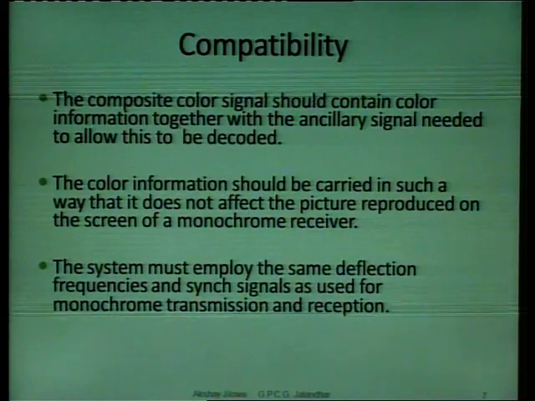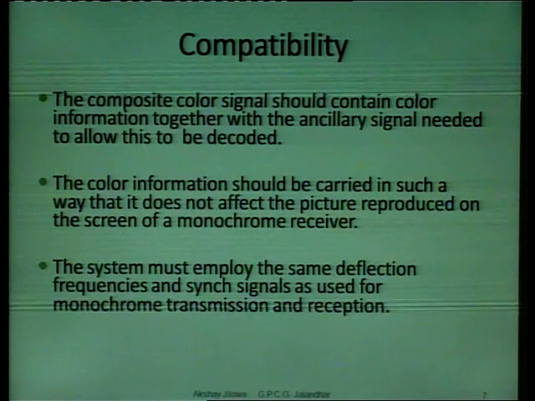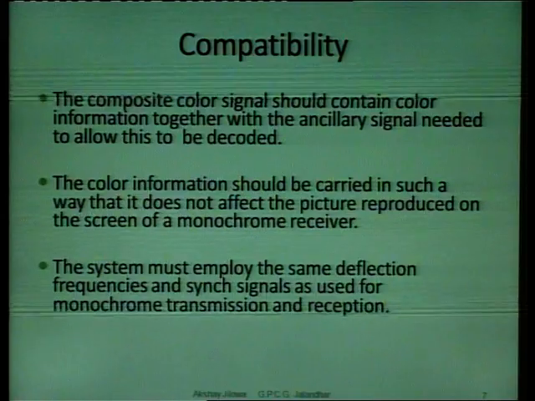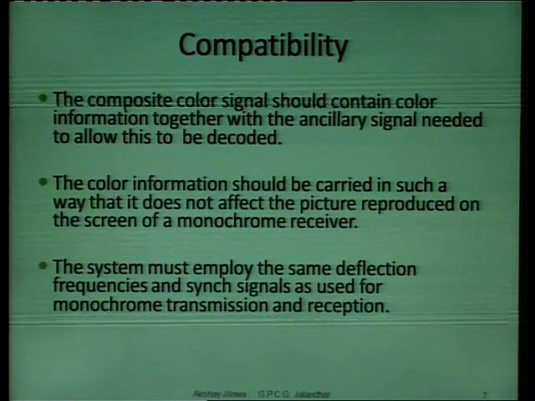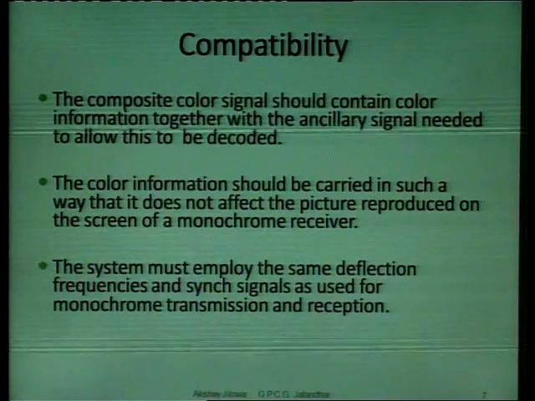So the color signal present in the signal should not interfere with the monochrome information, so that it will not affect the signal when it is reproduced on the monochrome receiver.